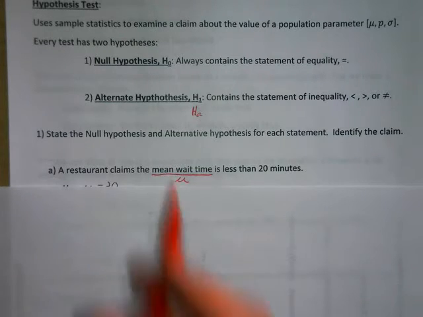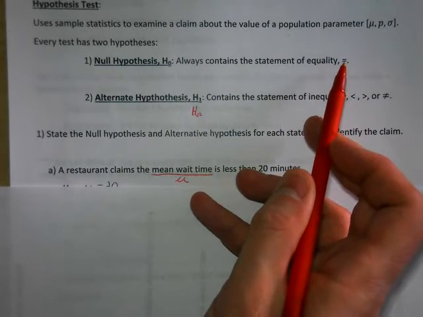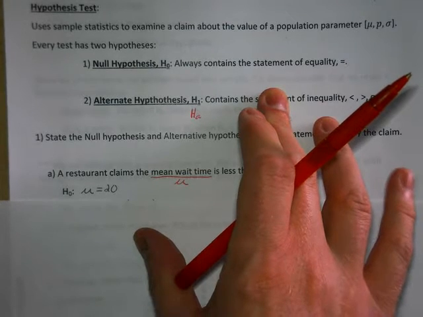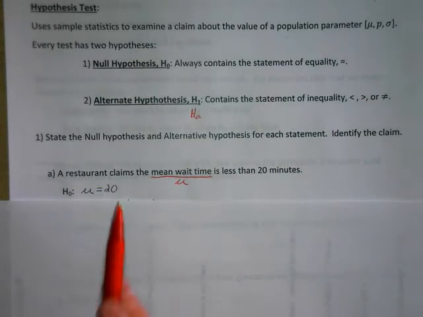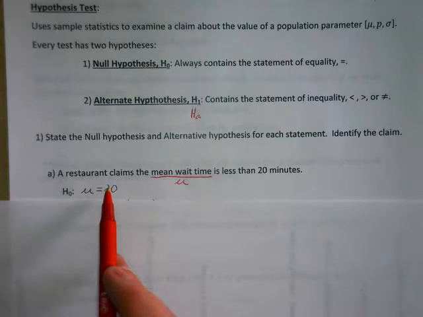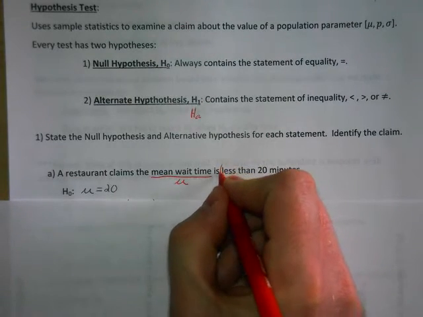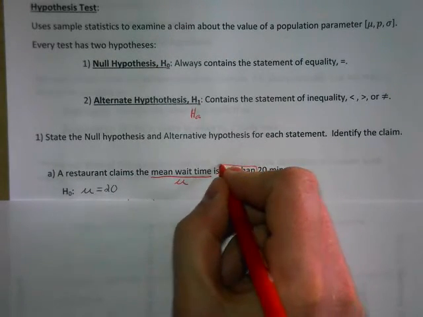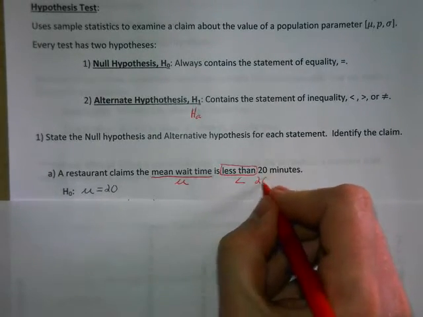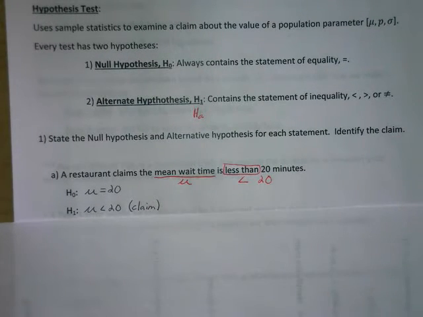The null hypothesis, H0, always has a statement of equality. So when we write H0, it's mu equals 20. Well, for the alternate hypothesis, you look at the wording, less than. So mu less than 20 is the alternate hypothesis, and that's what is being claimed.